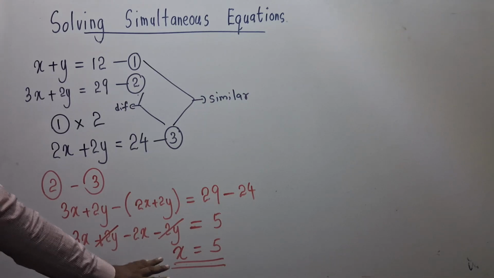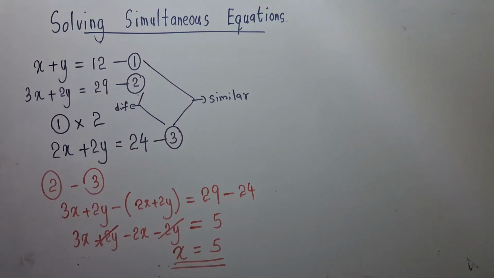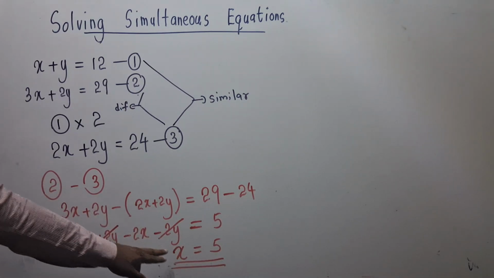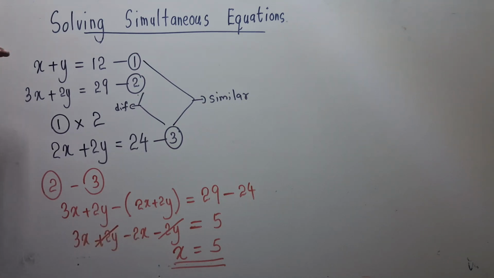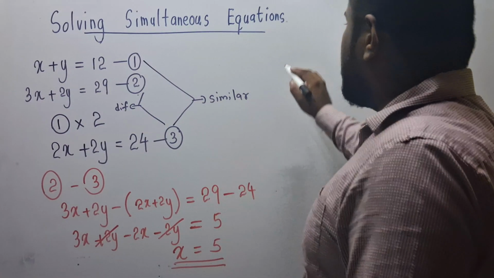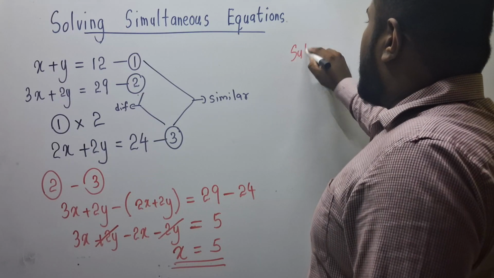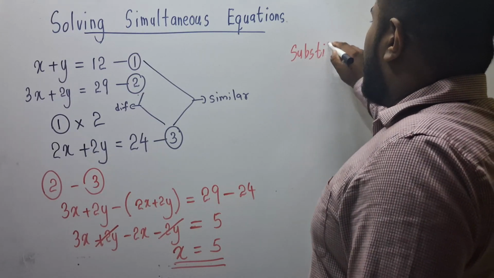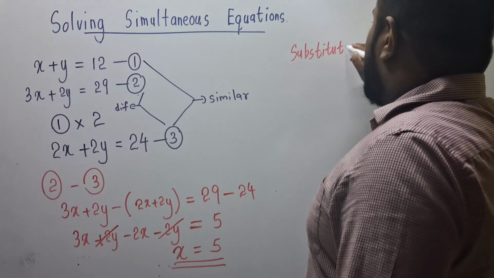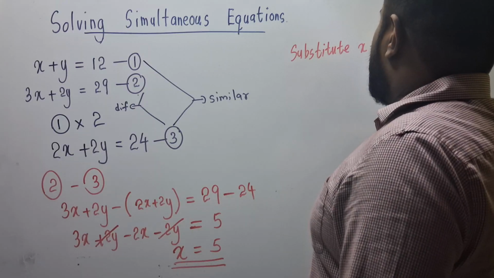Now I found x first. To find the value of y, I can substitute into the first equation, or second equation, or third equation. I am substituting x equals 5.